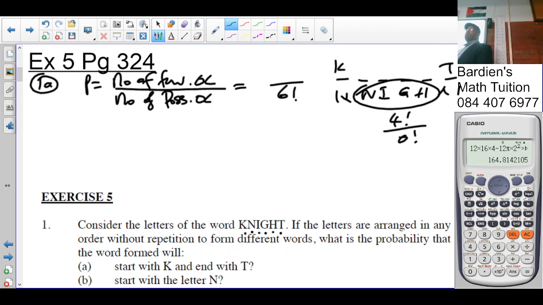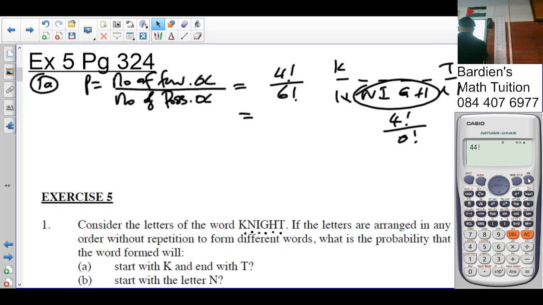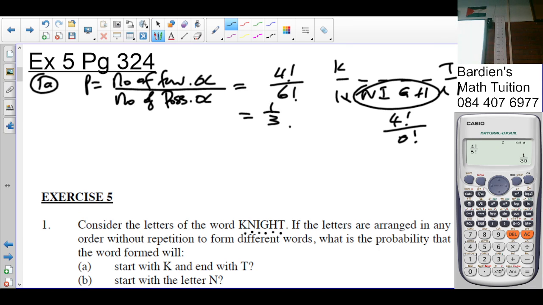So 0 factorial is 1. So that is just 4 factorial over 6 factorial, which is 1 over 30. You all okay with that, people?